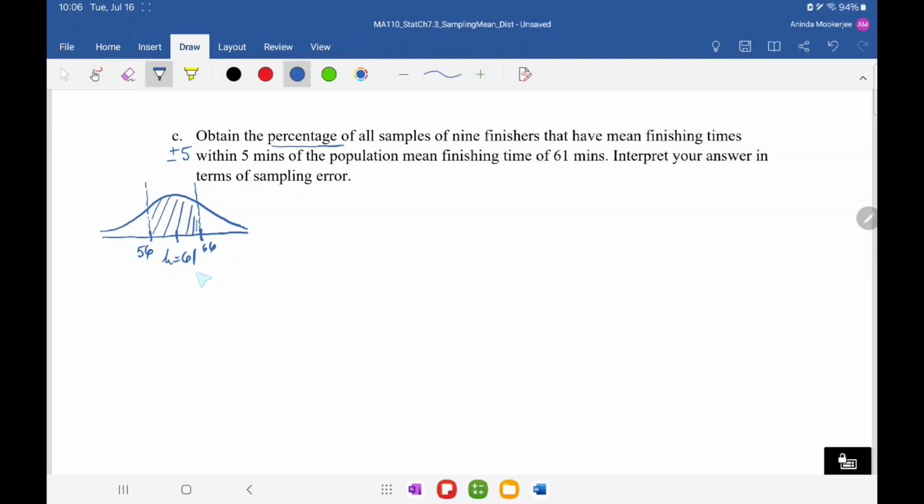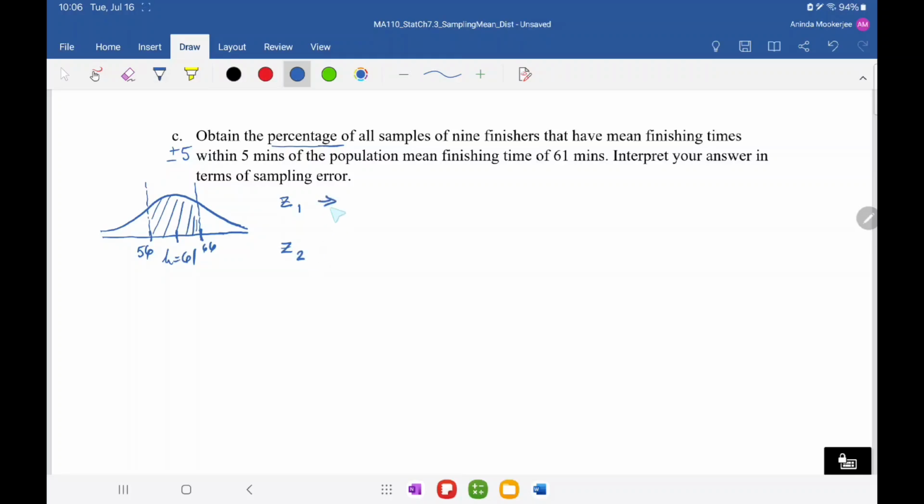However, we will need to refer to the table, but the table doesn't work with actual values. The Z table, the standard normal curve table, works only with Z values. Therefore, we have to convert 56 and 66 to the corresponding Z values. There are two values here, so we'll have to find Z sub 1 and Z sub 2.